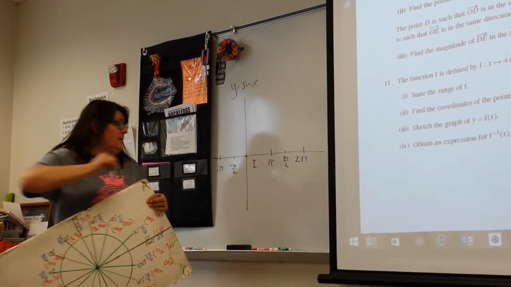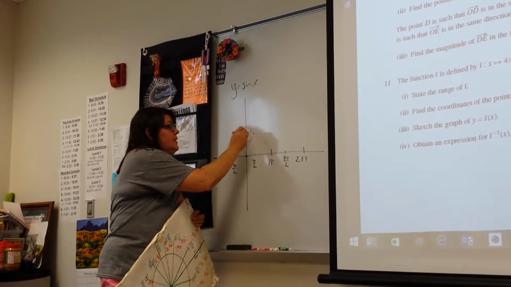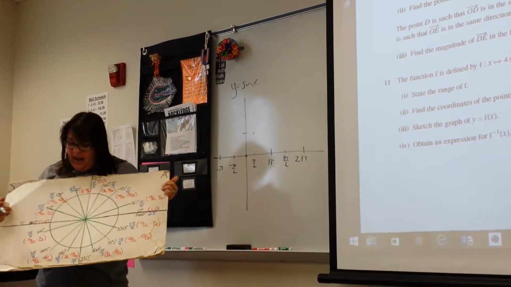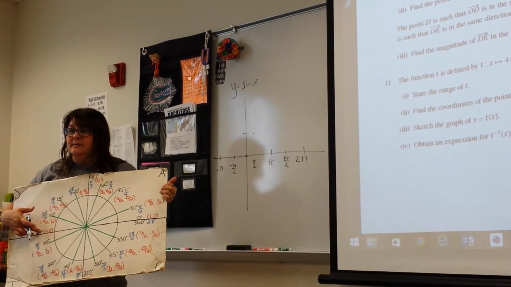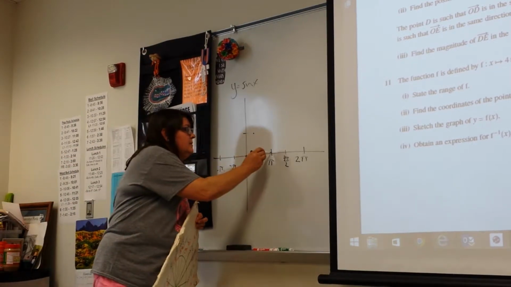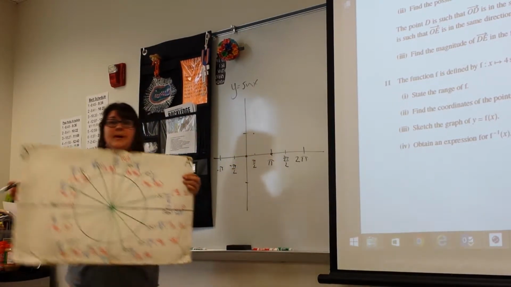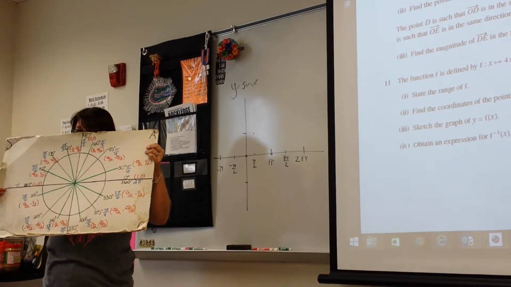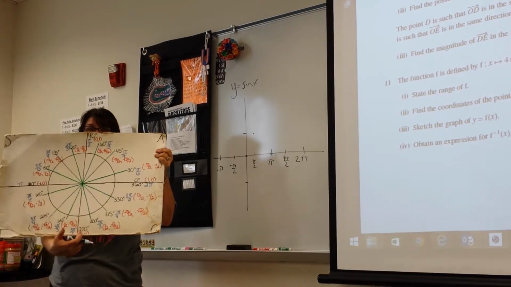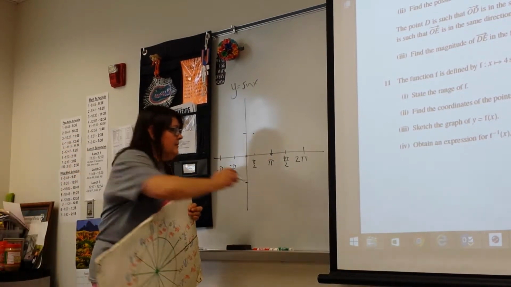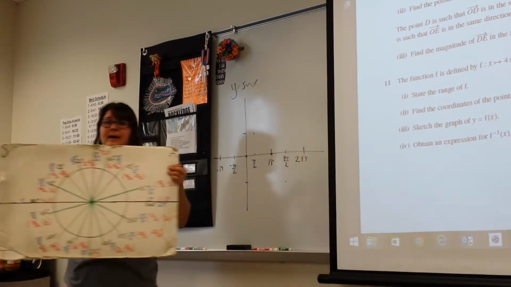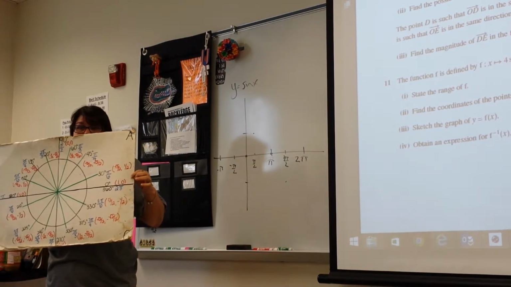It's 1, so at pi/2 it goes up to 1. At pi, what is the sine? 0, so it comes here. At 3 pi/2, it's -1, so it comes down. And then at 2 pi, it's going to be 0.